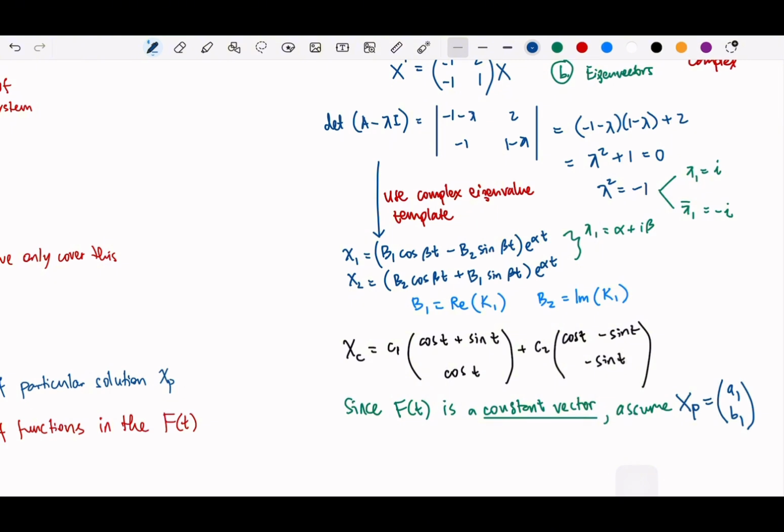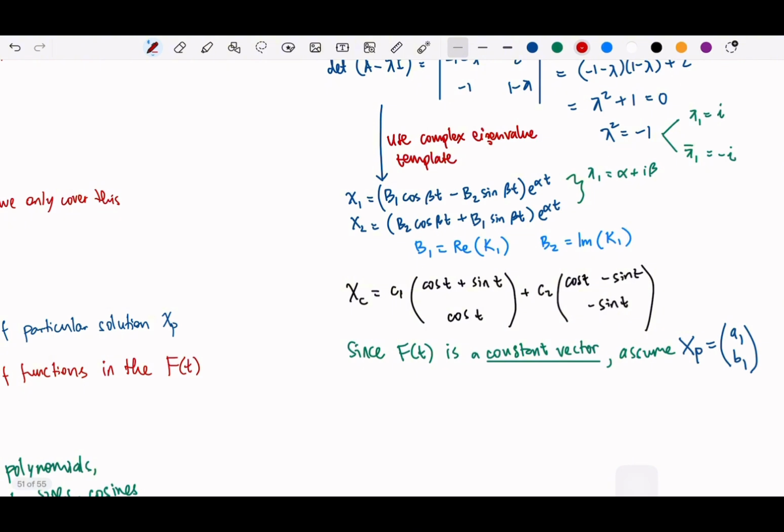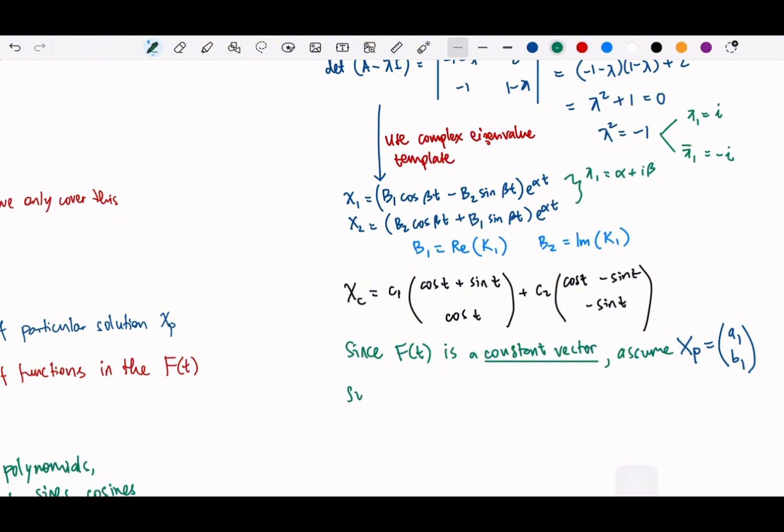So let's substitute this, meaning we substitute the column vector into the matrix. Next is to substitute xp equal a1, b1 into the original equation.